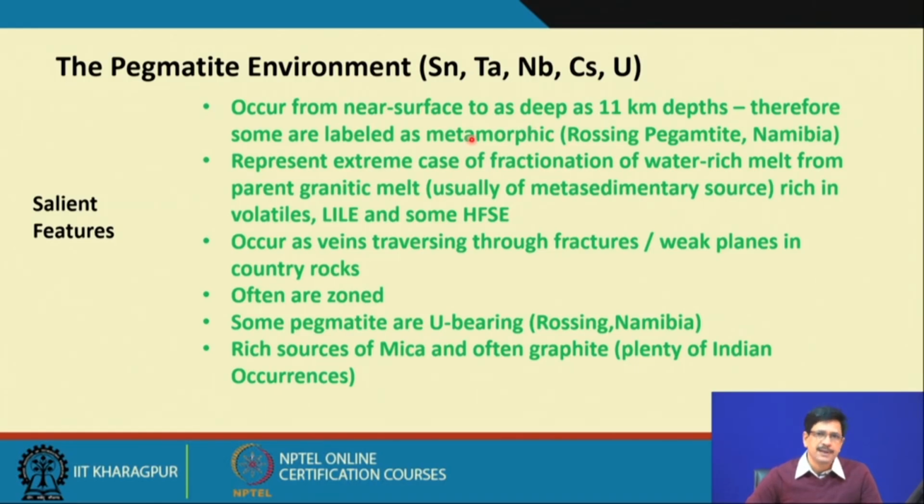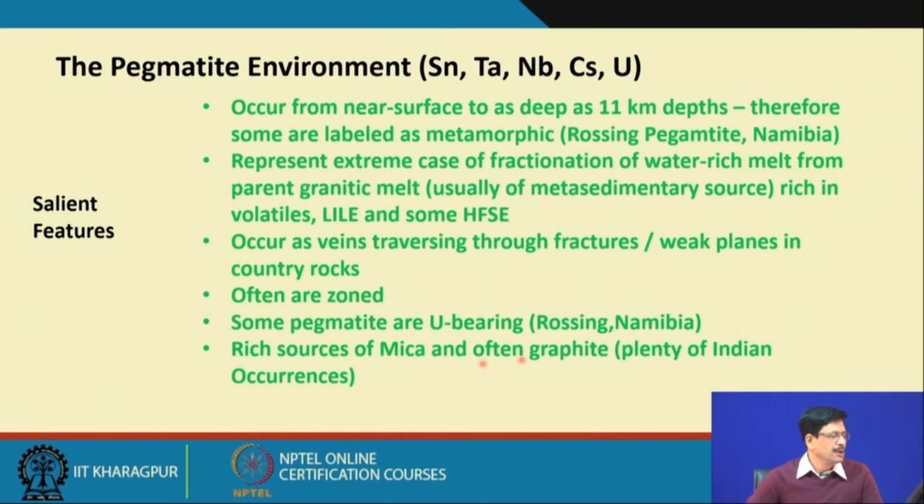Examples are these kind of mica bearing pegmatites available in plenty in the Bihar mica belt within the Chotanagpur gneissic complex, which we will see in our discussion on the mineral potentials of the Indian subcontinent.